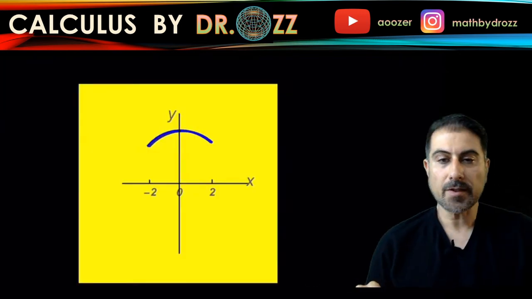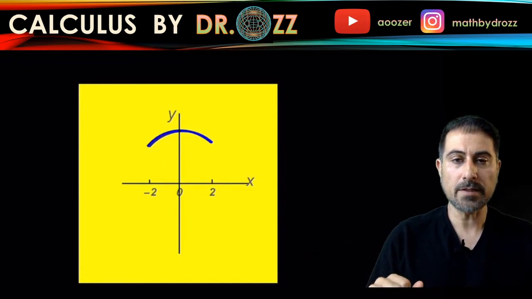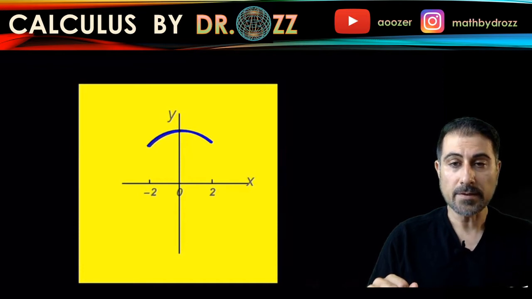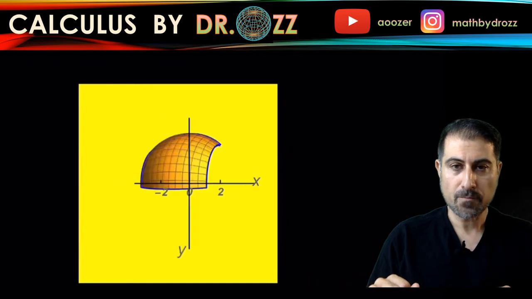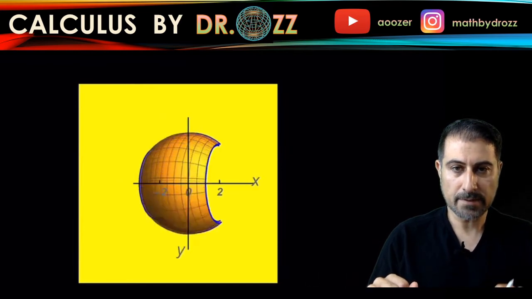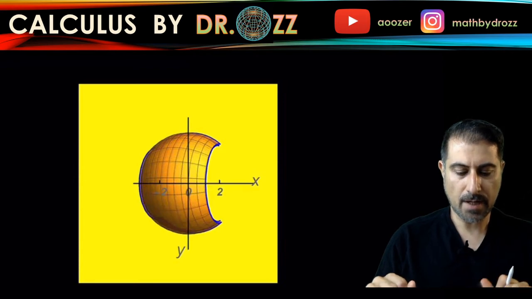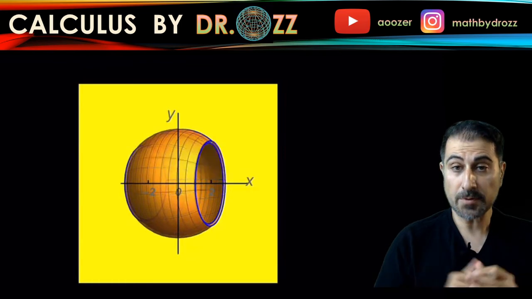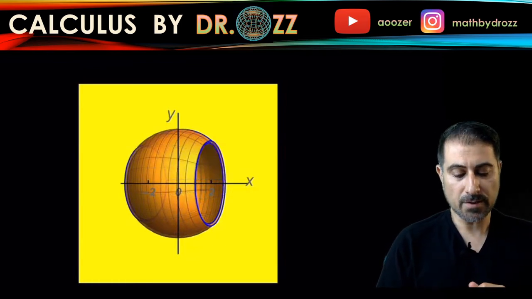So here is what we start with: the curve, the arc in between -2 and 2, and we start revolving that around the x-axis. Okay, so let's see what we have. So we keep revolving that, and we get this nice three-dimensional surface object, but we're interested in the surface area of this object here.